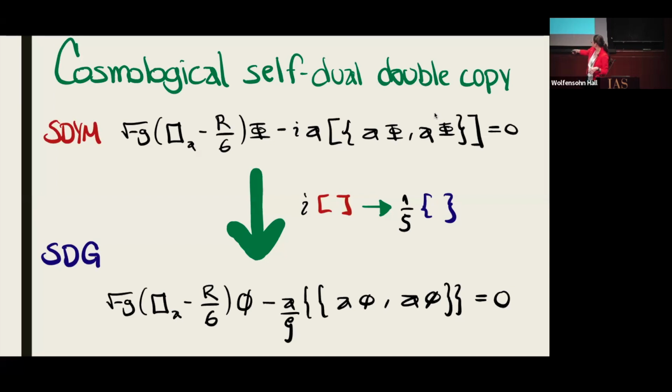And the interactions now read this form. So this was just a field redefinition to massage this to look like what you would expect, like a perturbation around FRW and an interaction there. So you will see now that the double copy simply is determined by this auxiliary function zeta, that it can take, again, three values for the three different conformal classes.